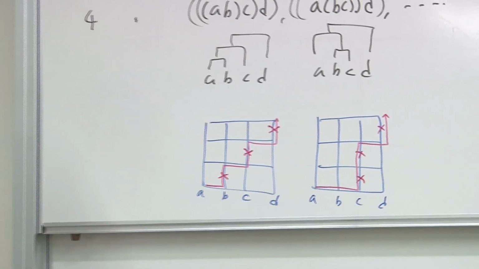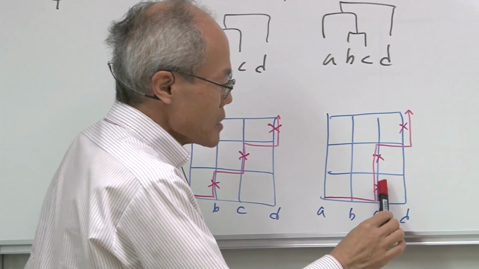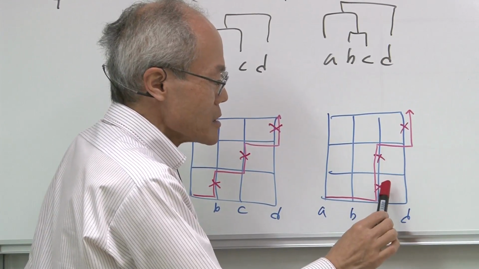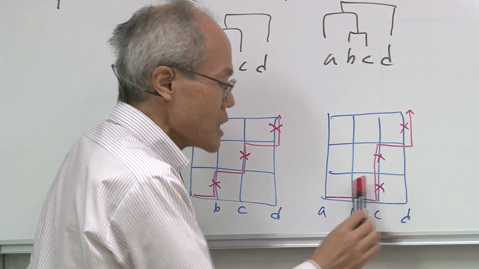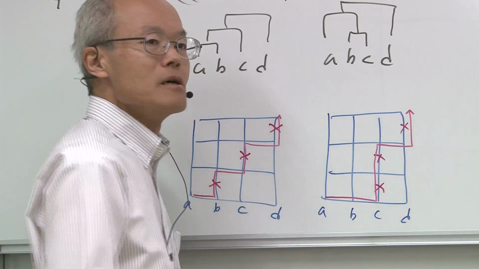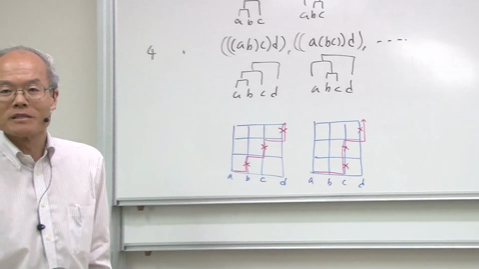So do you understand? The idea is that this cross, this x, is a multiplication. So you first multiply B and C, then A, and then D. This exactly represents this order.